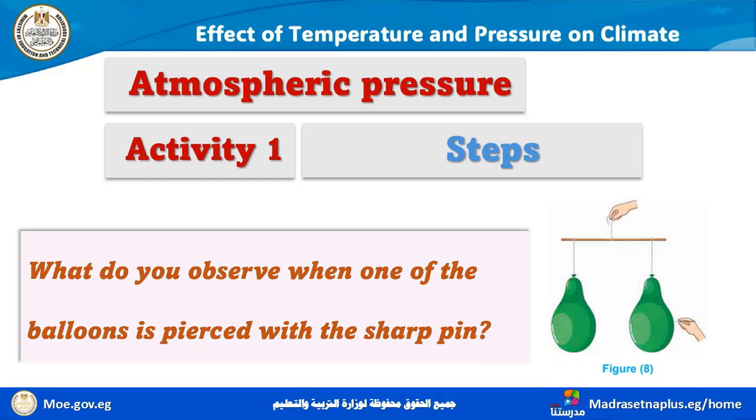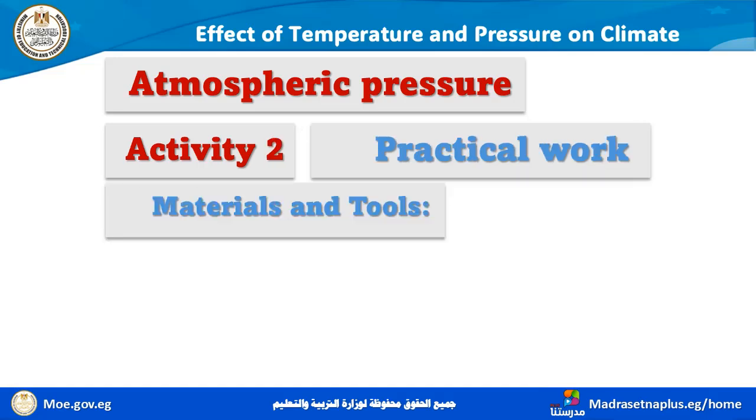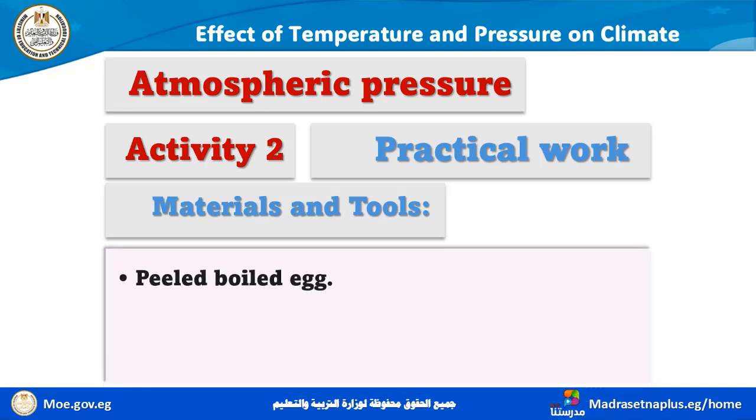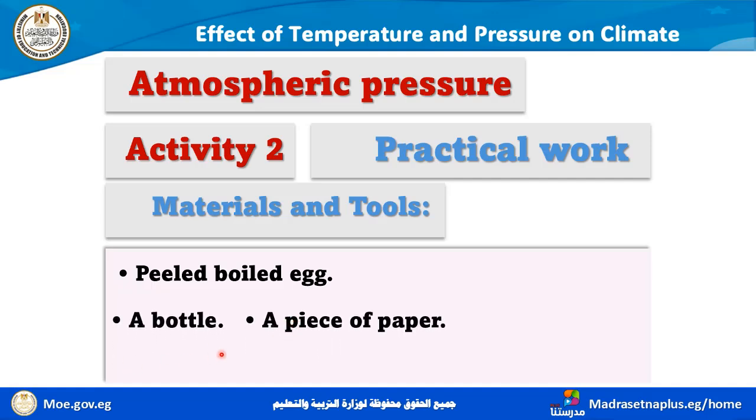Our second activity, to learn about the atmospheric pressure, we will start by the materials and tools as usual. We will need a peeled boiled egg, a bottle, a piece of paper, and a matchstick.